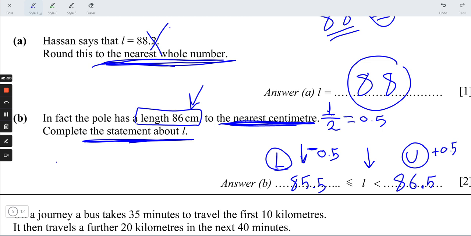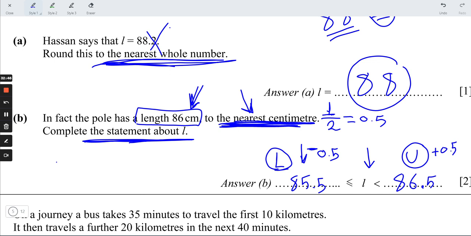It's important to check this number, whatever it is, a length, and this length to the nearest what? Centimeter, nearest 10 centimeters, nearest 100 centimeters. If they are saying to the nearest 100 centimeters, you have to halve it. Same for 10 or any other.